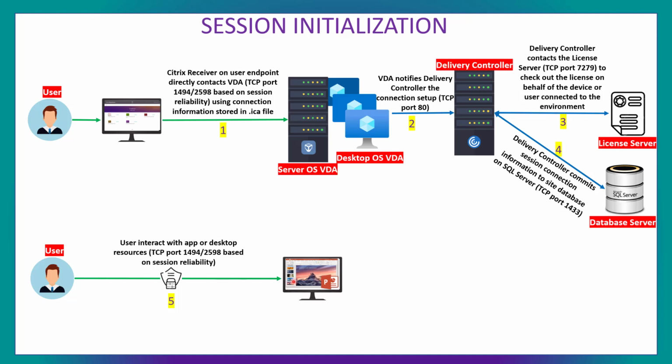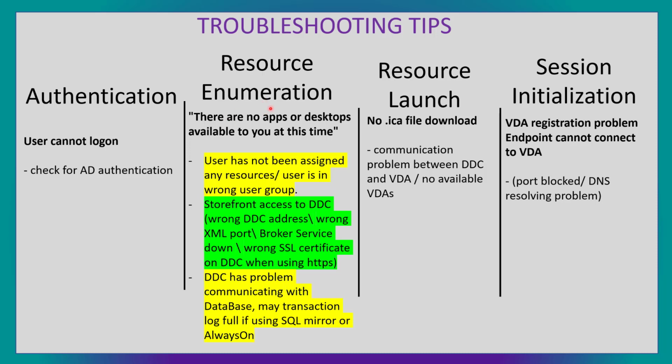Now what happens if we have some troubleshooting problems? These are the tips according to Citrix. Under authentication, if you see the user cannot log on, that is basically an Active Directory authentication problem. You want to make sure that the user is a member of AD and is a member of a certain group.